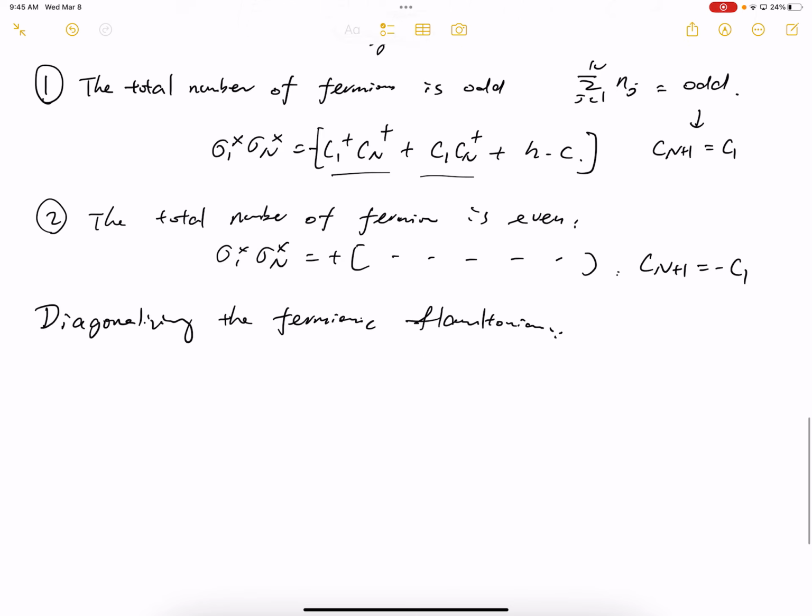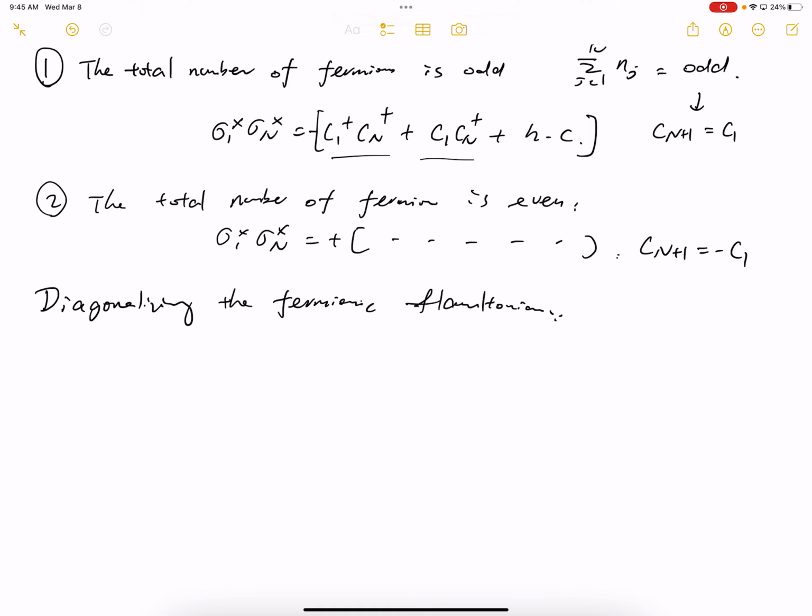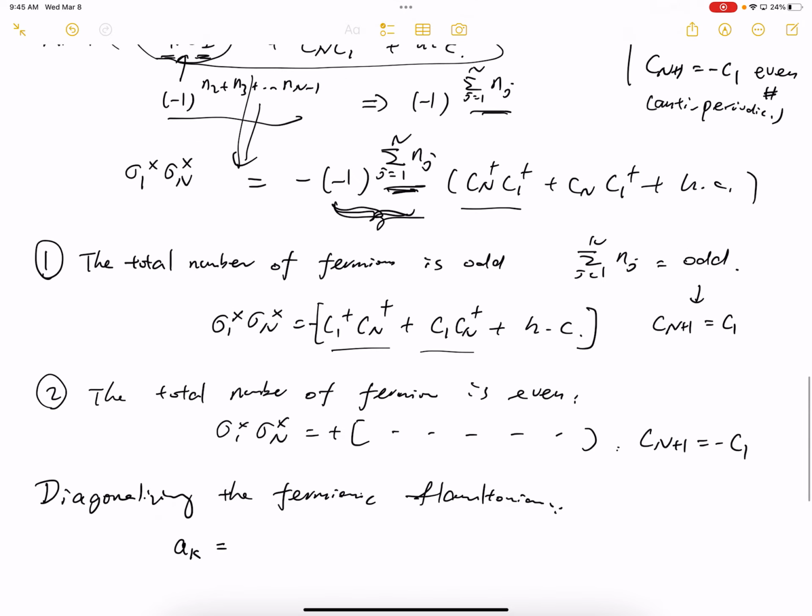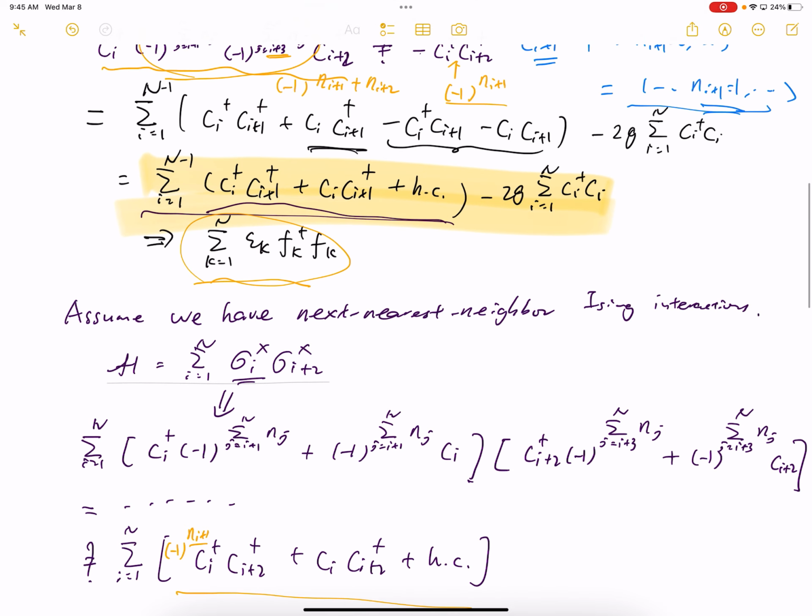This diagonalization is going to be similar to what we have for the weakly interacting bosons. The first thing is we're going to introduce the discrete Fourier transformation. I'm going to use the operator A here instead of F. Actually, maybe I should still use F because there's a Bogoliubov transformation at the end of the day.